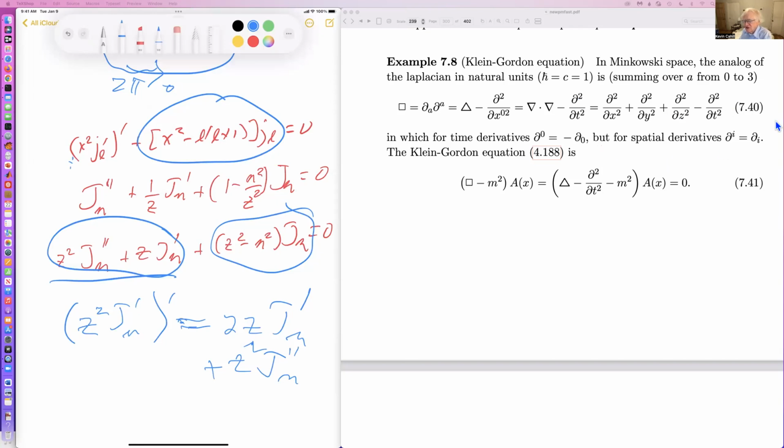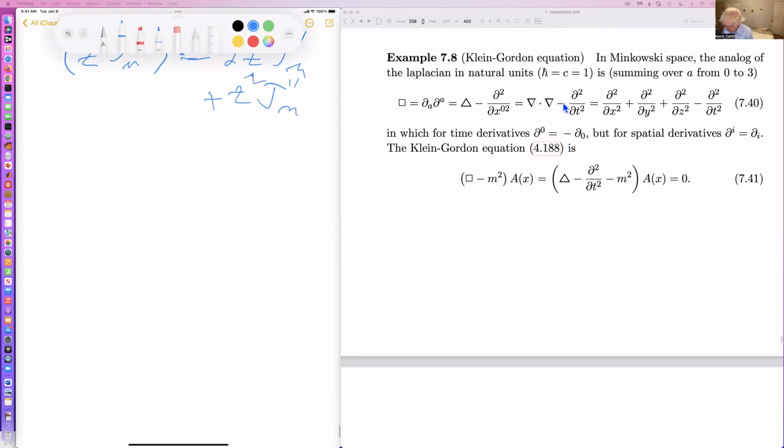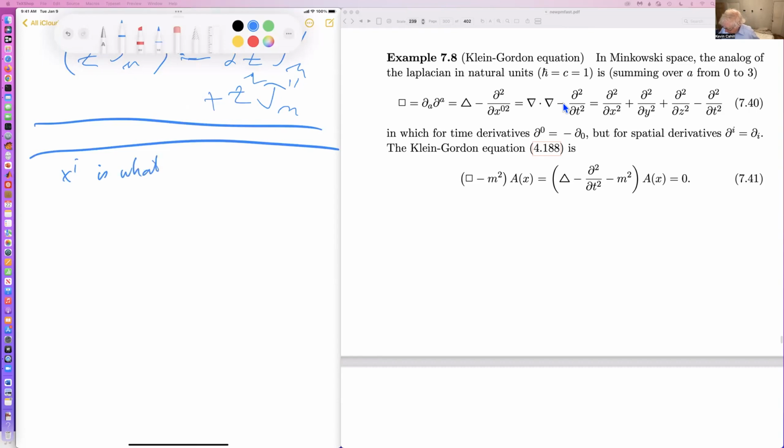There's a notation that's in use in relativity, all right, let me try to tell you what the notation is. X upper i is what you think it would be.